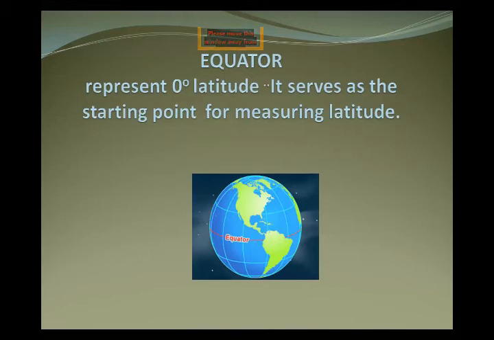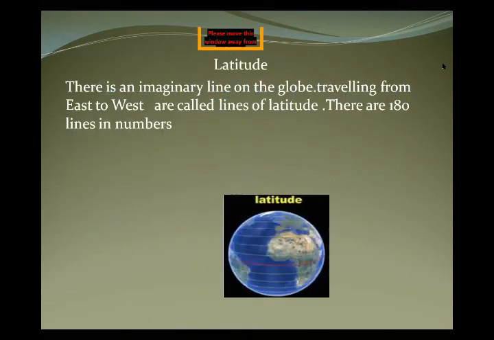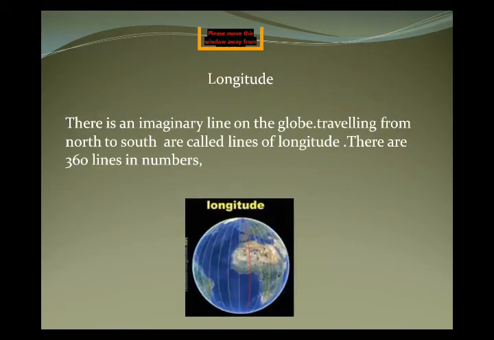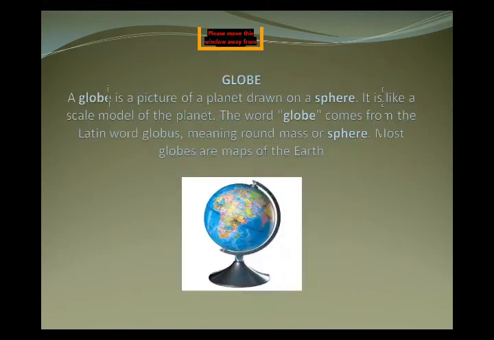Before going to another topic, I just want to share all the things which I have taught you up till now. First topic is the globe. The globe is the model of the Earth, and it has three dimensions, which we have seen from three sides.